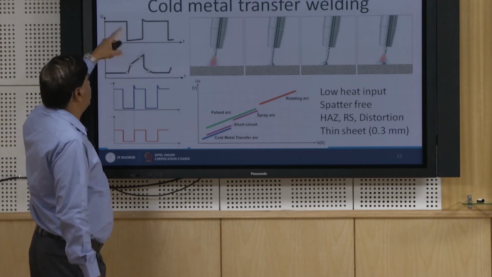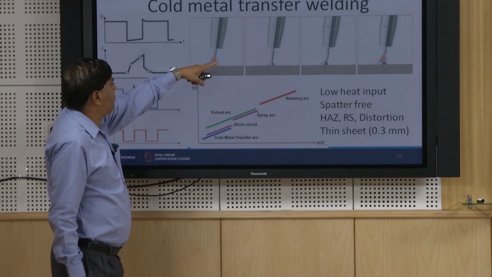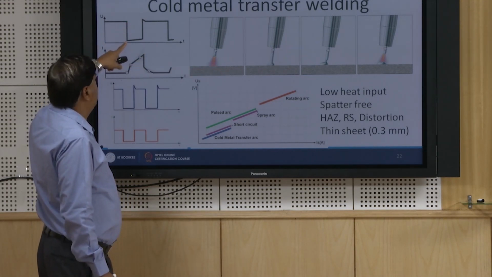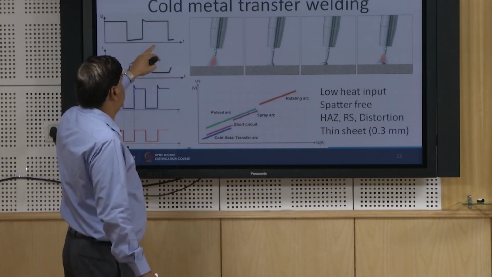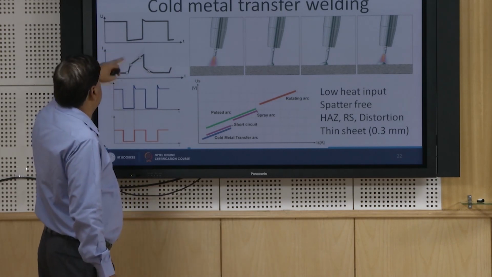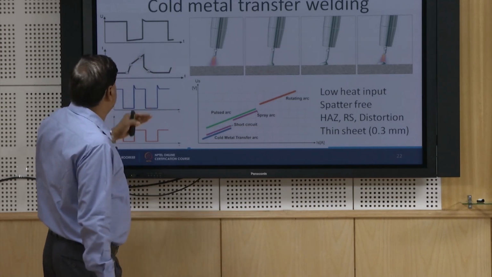When there is an arc, the voltage is high, and once the gap is closed, the voltage drops, because in the short circuiting stage, as the drop is transferred, the voltage jumps up again. Similarly, when there is short circuiting, the current value is also low, and then it is gradually increased.